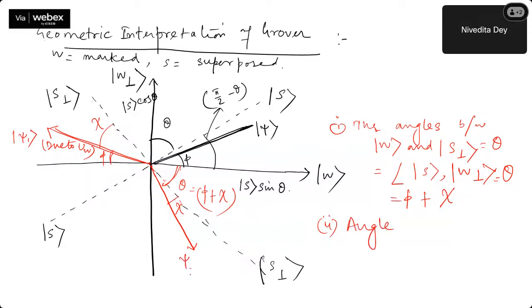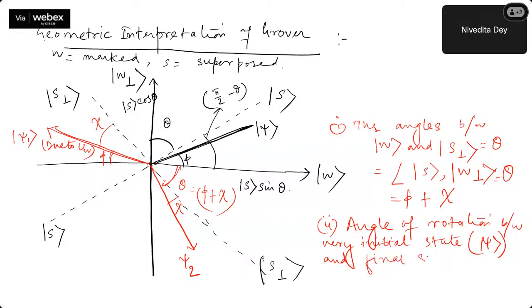The angle of rotation, with psi 1 and psi 2, between your initial state, which was psi, and your final state, which is psi 2, is basically, if you take all the angles starting from this and this, phi plus theta plus chi.